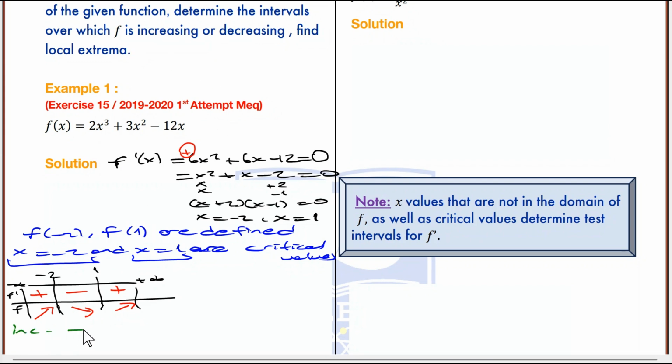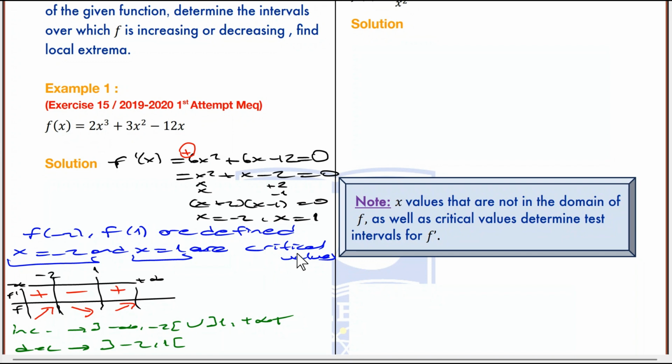So the increasing intervals are from negative infinity to negative 2, union the other part, 1 to infinity. Decreasing interval, only one interval, from negative 2 to 1. We never include these numbers. We always use open brackets because at these numbers the derivative is 0, neither increasing nor decreasing, right?